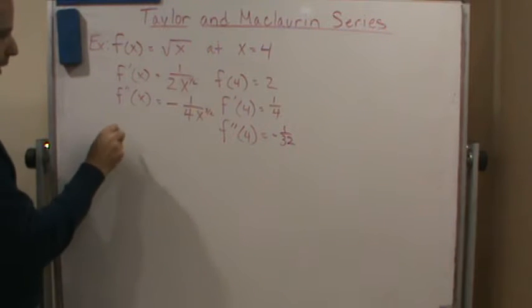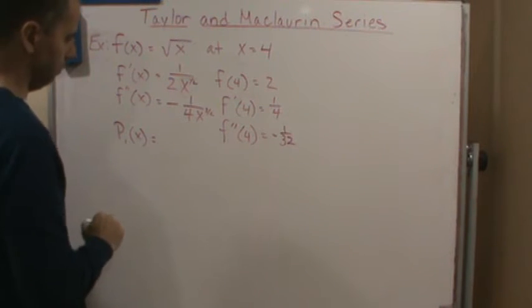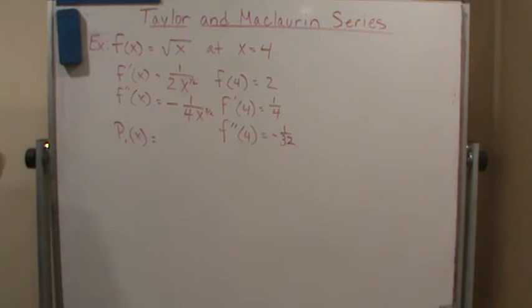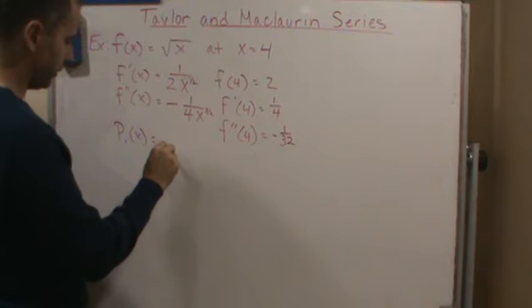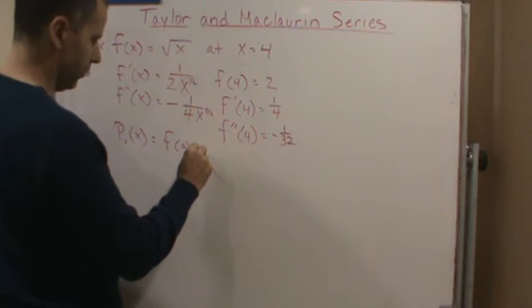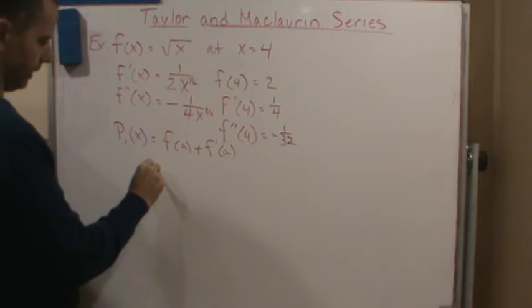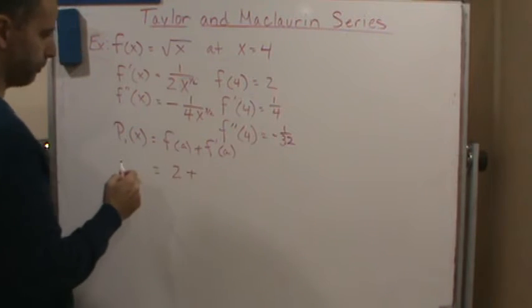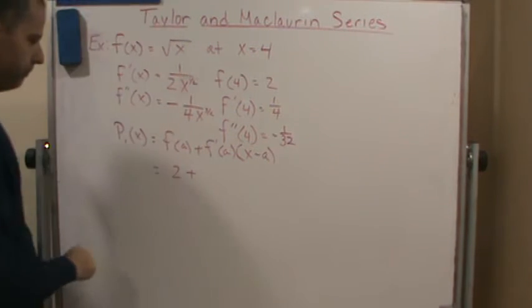Okay, so now we can write our Taylor polynomials. P1 of x is going to equal f of a plus f prime of a times x minus a.